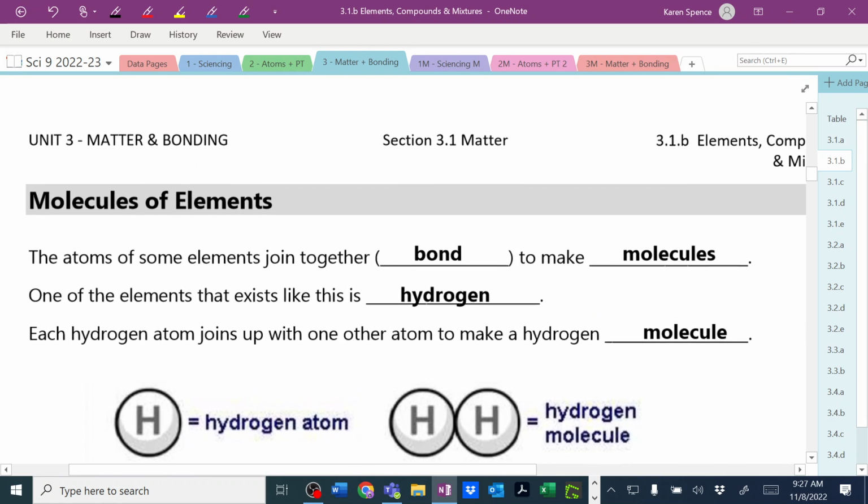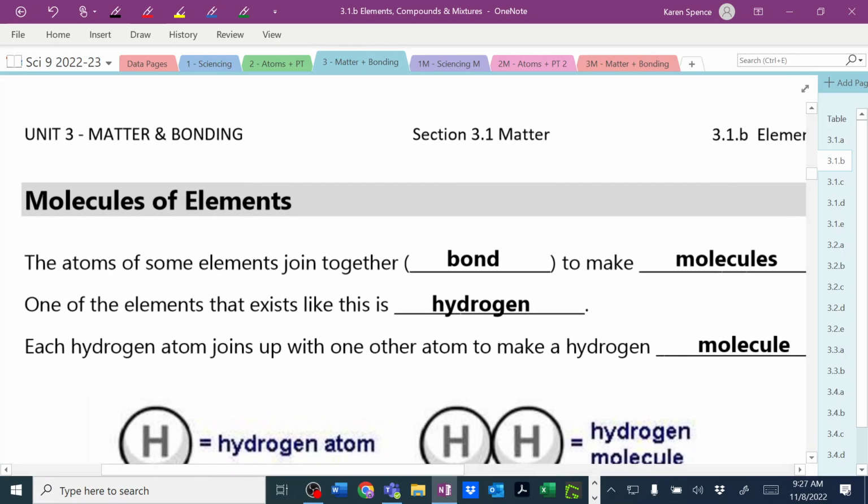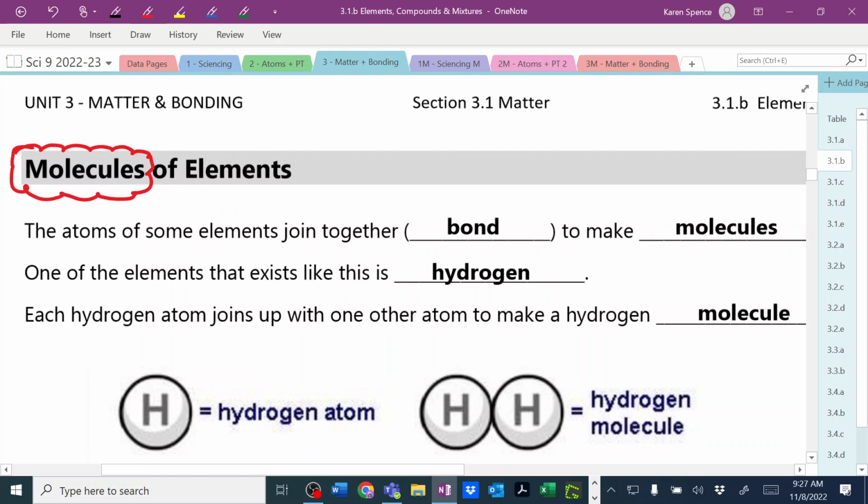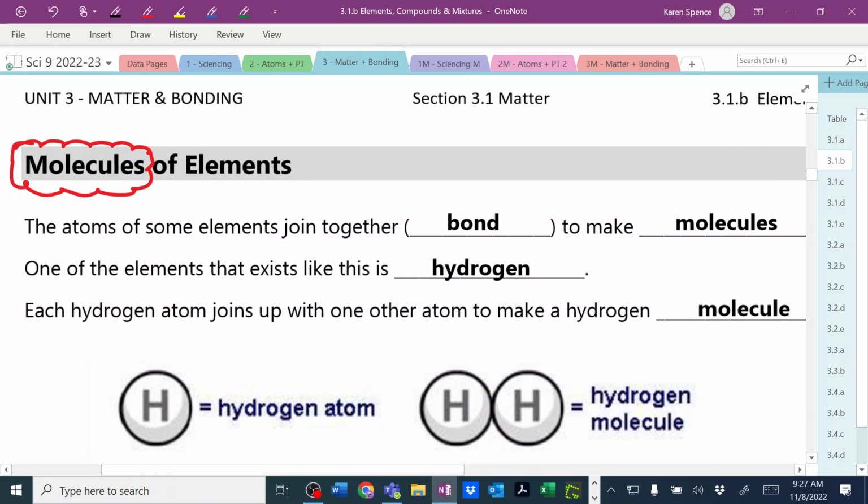Now, we're going to introduce another word, and that new word is molecule. Sometimes atoms of some elements join together, and the word that we use in chemistry to say join together is to bond.